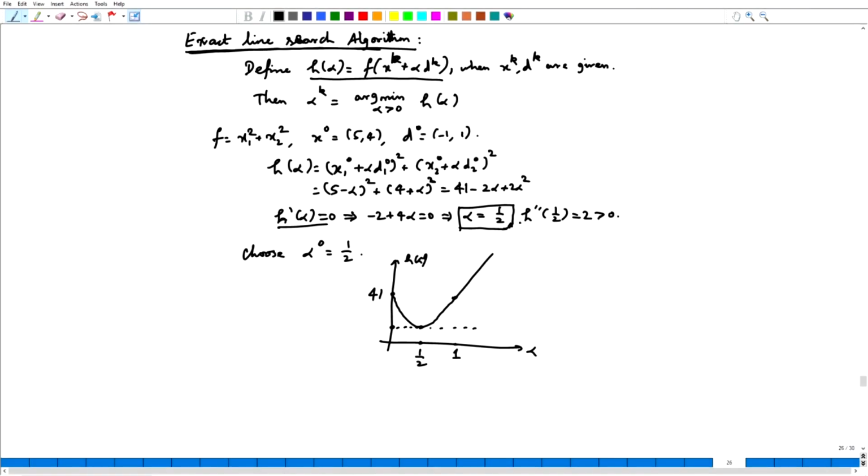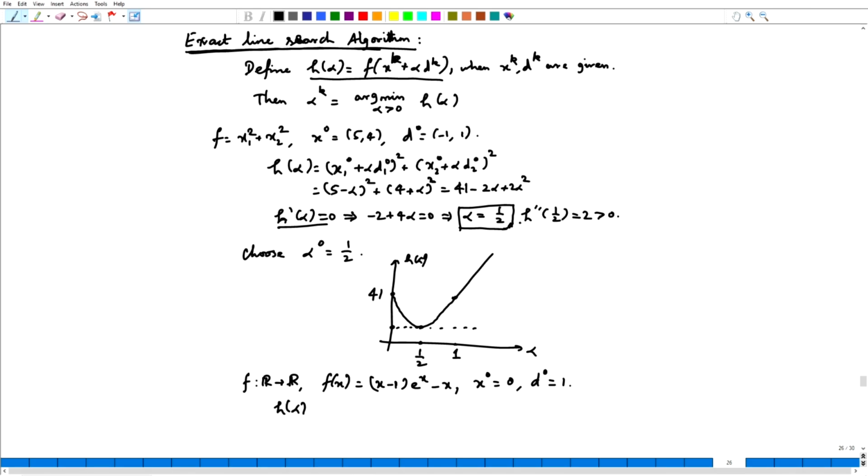Let us take f from R to R, and let us take this example f of x equals e power x minus x minus 1, okay, and let x naught be equal to 0 and d naught be equal to 1. Okay. So, let us find what is h of alpha.